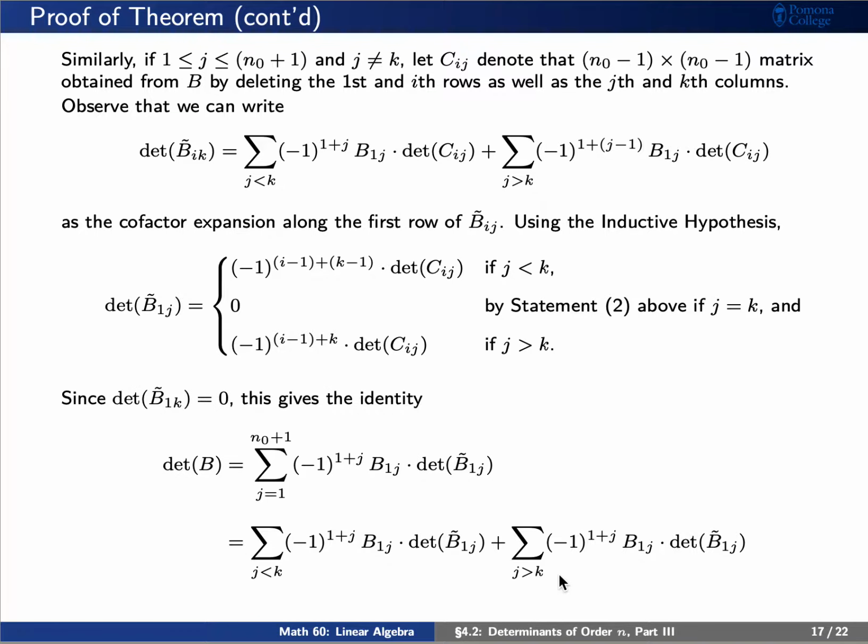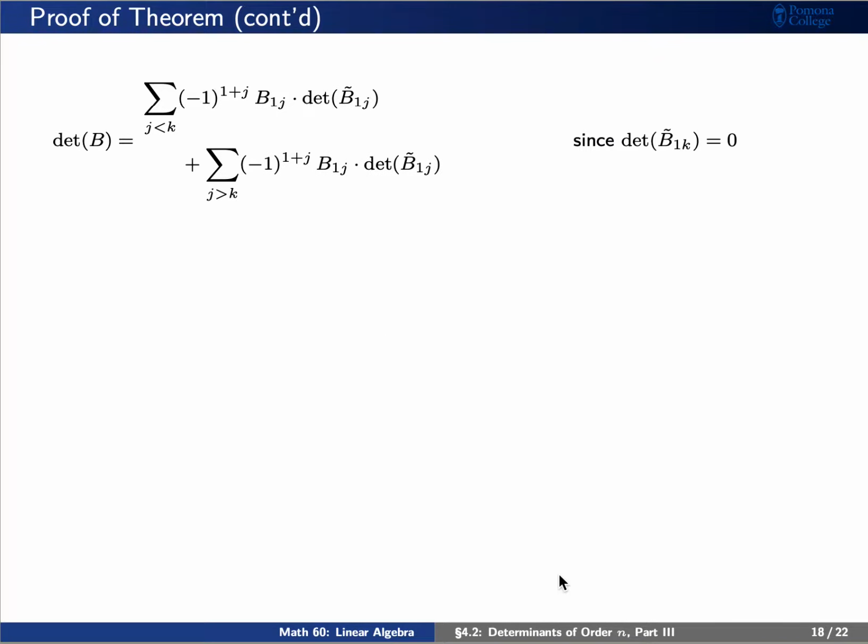Now let's put all of this together. Since the determinant of B_1k is 0, we can now compute the determinant of B by looking at the expansion along the first row, and we simply realize that we really need to ignore what happens when j is equal to k because we just have a row of zeros. Now, we can take this expression as we either sum to the left of k or to the right of k.